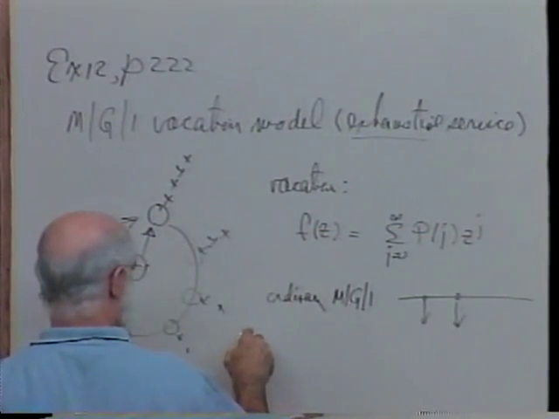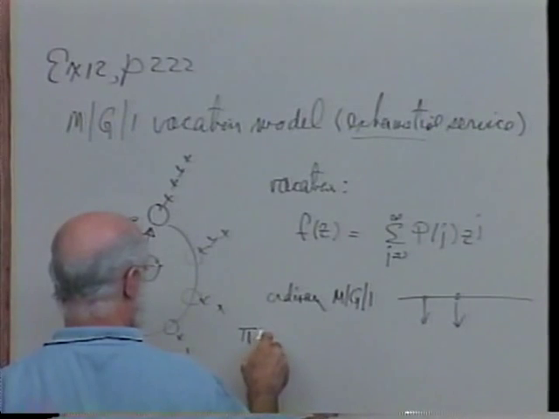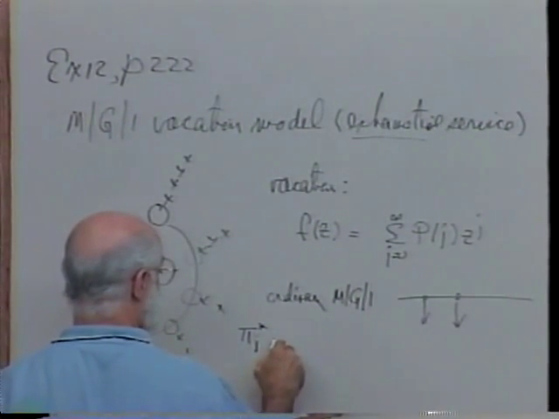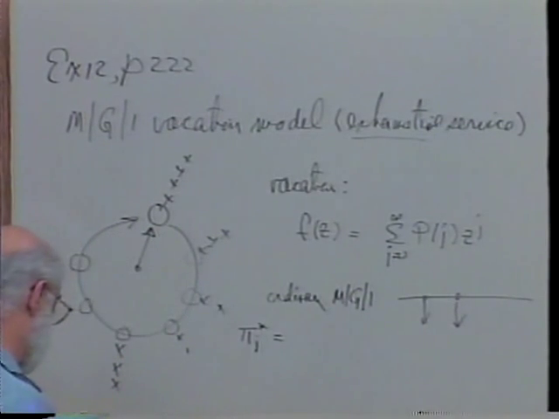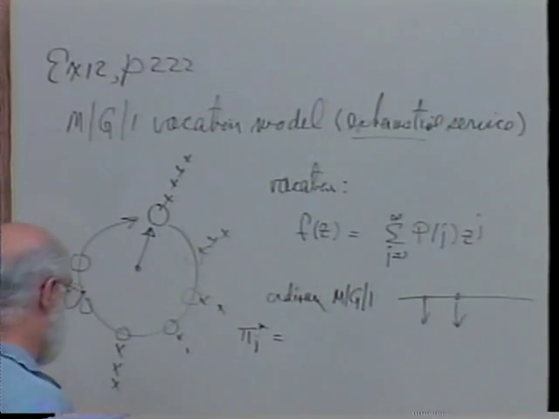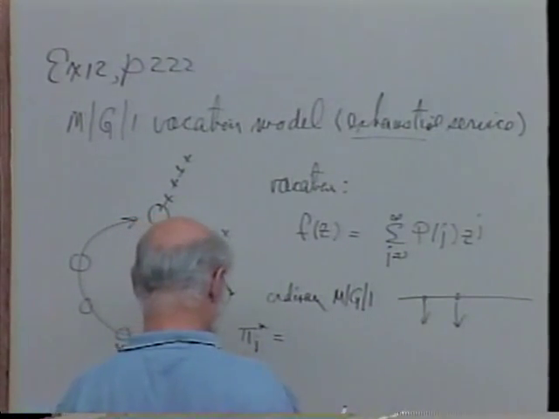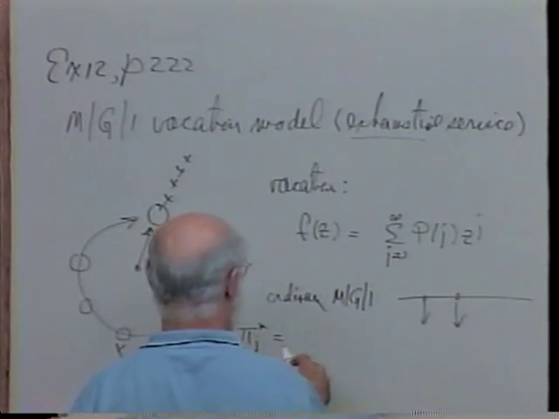We said the probability that a departing customer, that's a star, leaves behind j others in equilibrium is equal to two pieces. First of all, let's take the case in which j is 0.